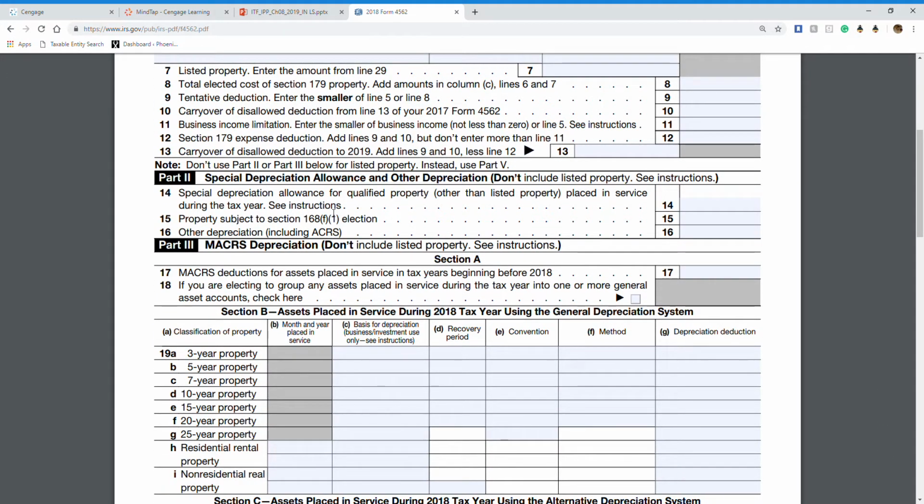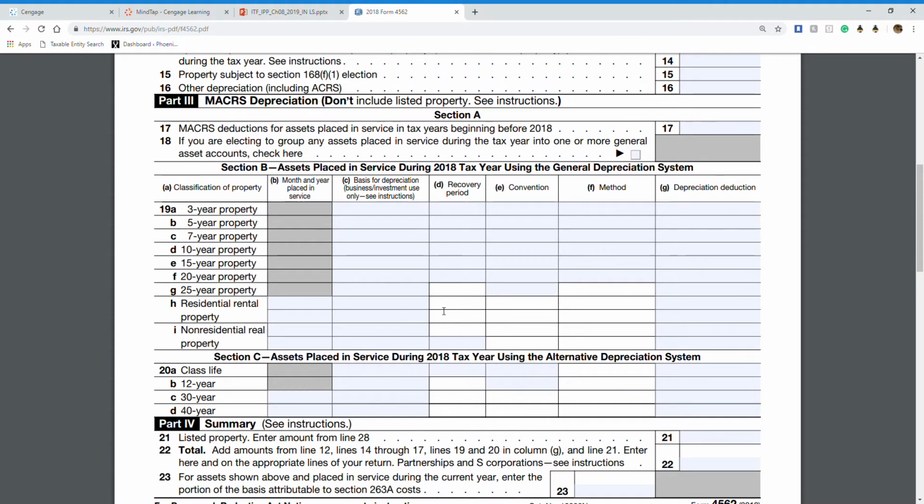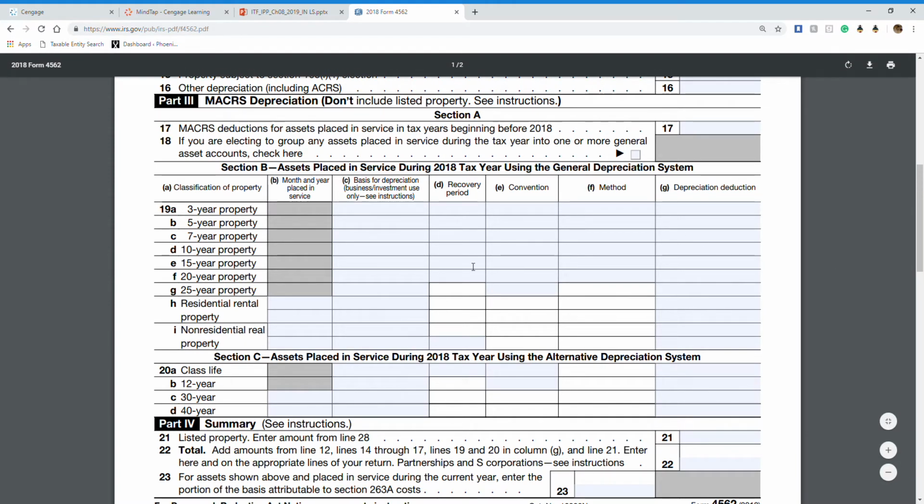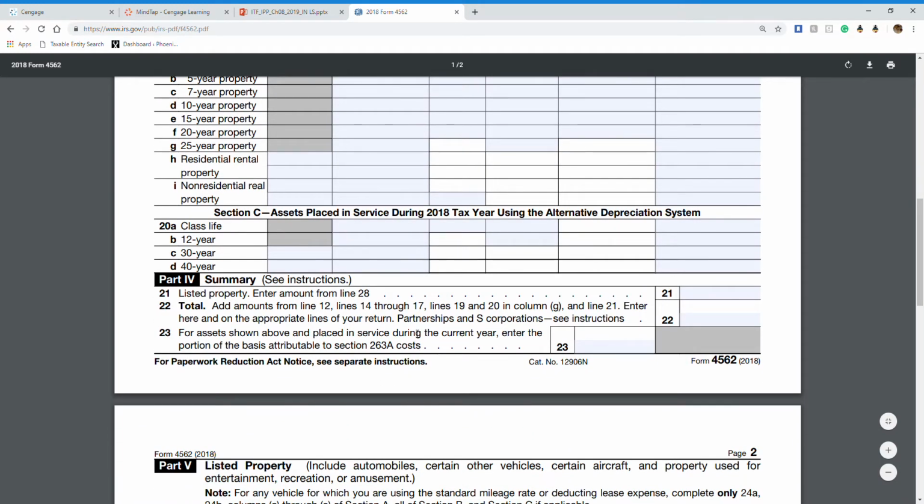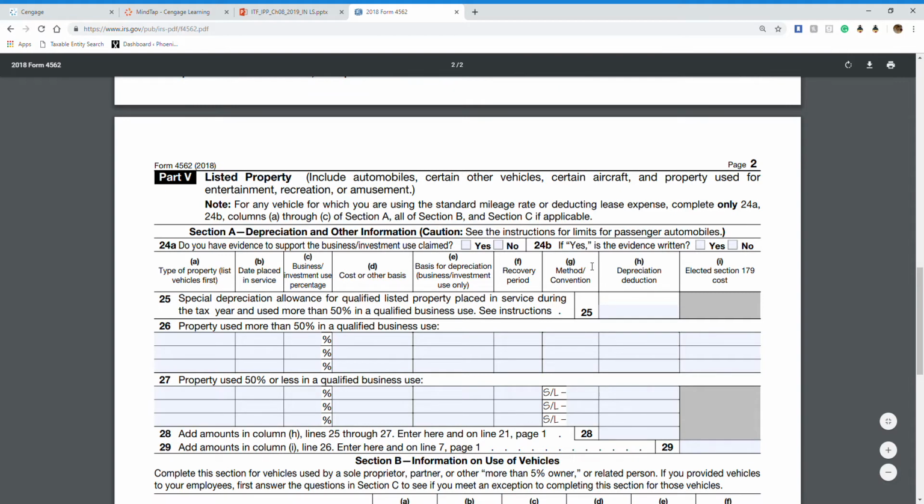Special depreciation is kind of bonus depreciation, and then MACRS, and then we actually show all of our assets, cost, the recovery period, and so forth, depending on the life of the asset. And then here's where Part 5 comes in. This is the listed property.